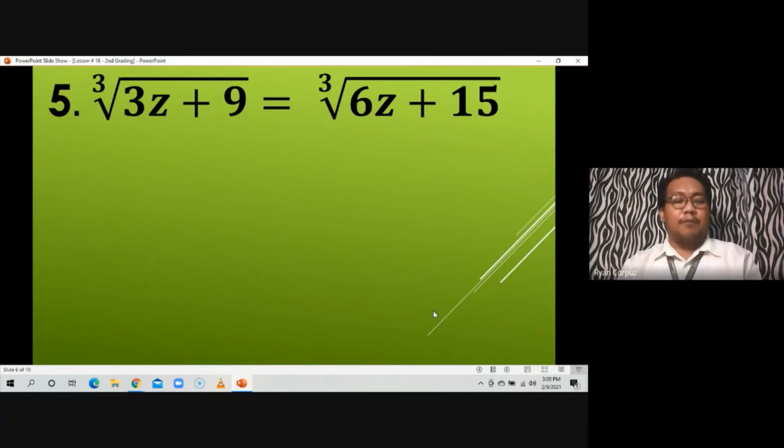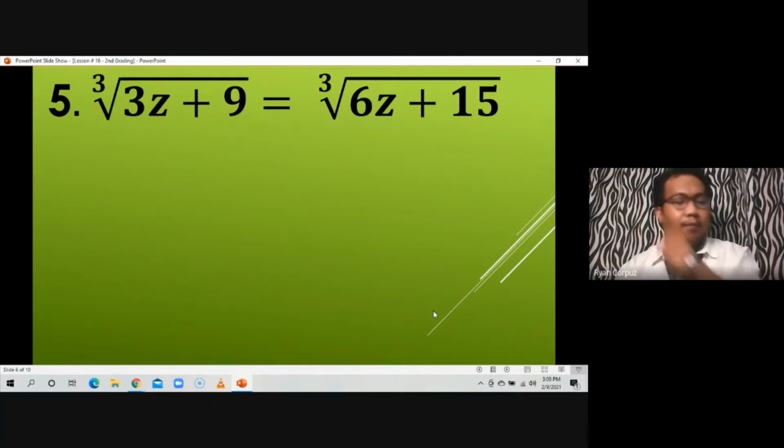So in example number 5, we do have here both sides of the equations involving radicals. But what's okay here is that both given radical terms, both given radicals involve the same indices. So that's why hindi tayo mahihirapan on removing the radical sign.